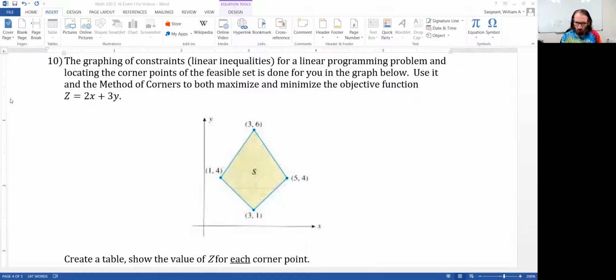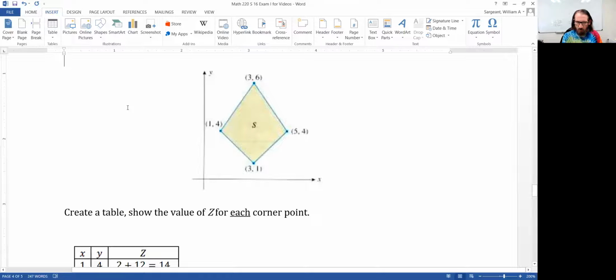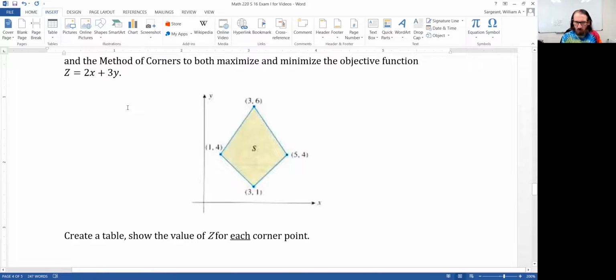Okay, so reading this off, the table I've created, I've gone around, starting at (1, 4) and going around counterclockwise: (3, 1), (5, 4), and back up here, (3, 6). And remember, our objective function was z equals 2x plus 3y.